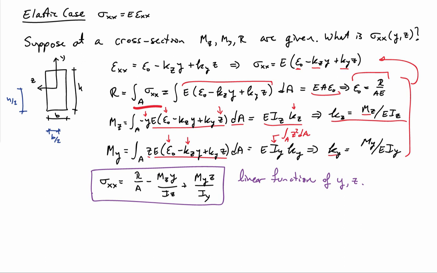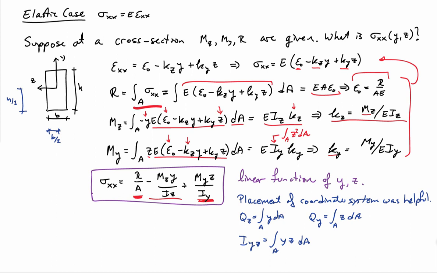If I ignore the first term, which is due to axial forces, and the second term, which is due to bending moments about the y-axis, you'll see that I have the expression that I had before, minus M over I, and now I am being very particular about moment about the z-axis and moment of inertia about the z-axis. Then I pick up additional terms: I add in stress due to axial forces, and I add in stresses due to moments about the y-axis. And so I end up with this situation of superposition.